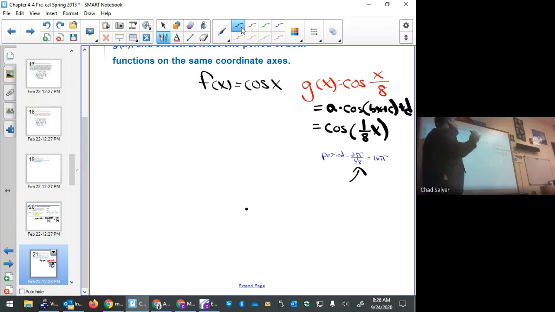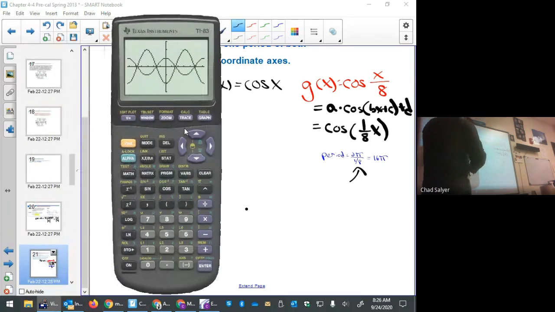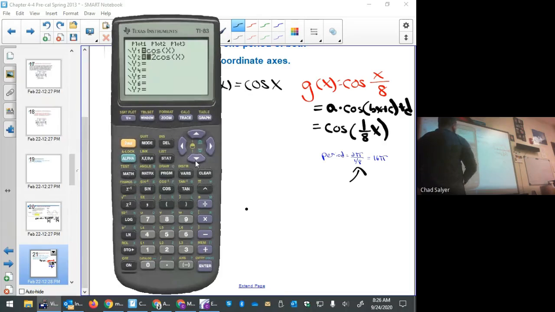Now this is going to be a super busy graph, because if I graph cosine from -16 pi to 16 pi, that's going to be a lot of up and down action. So we'll use the calculator for that rather than spending 20 minutes on it. Cosine of x, and then the cosine of x divided by 8.